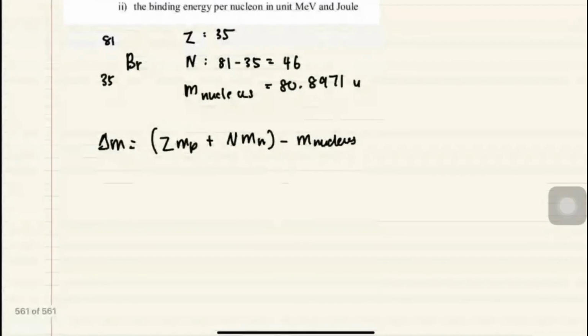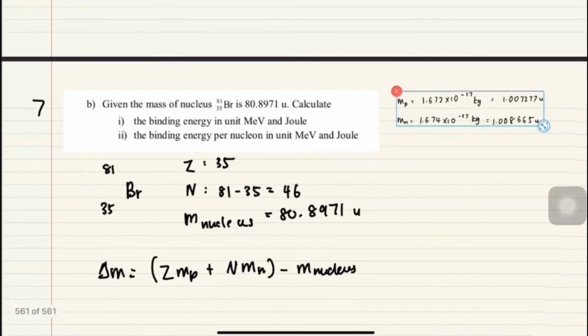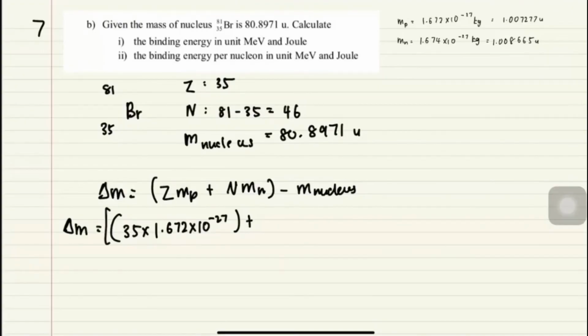Okay. So again, paste this diagram, this values. So delta M is equals to Z is 35 multiplied with MP, 1.672 times 10 negative 27, plus N is 46 multiplied by mass neutron.